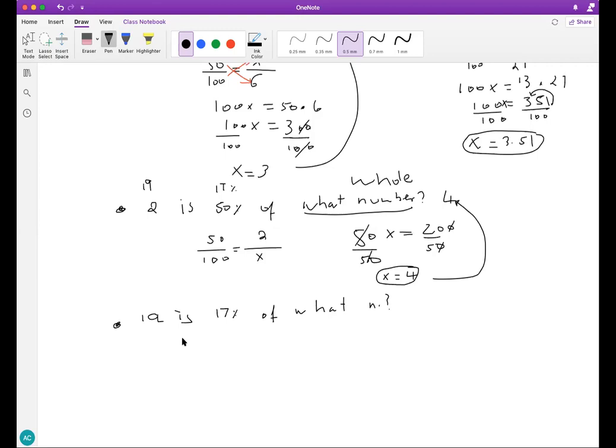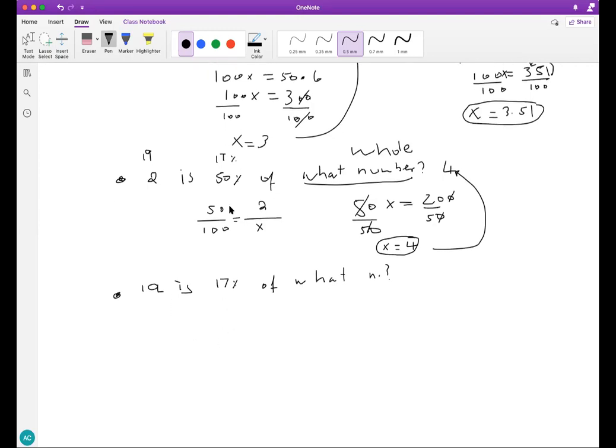Same way, what is the first fraction? 17 over 100. Right, always start with the percent. If you know it, just write it first. And then 19 over x. That's right. 19 is the portion over the x. Then cross multiply and solve.